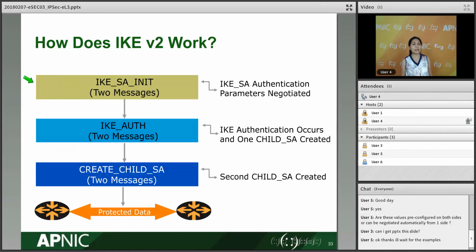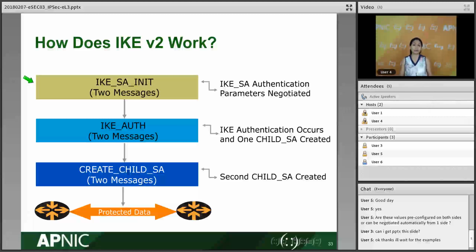Now, the question is, how does IKE version 2 work? It's so much simpler. IKE SA init is the negotiation, similar to the first set of messages that we sent out, the SA proposal and SA accepted part. So two messages at least.